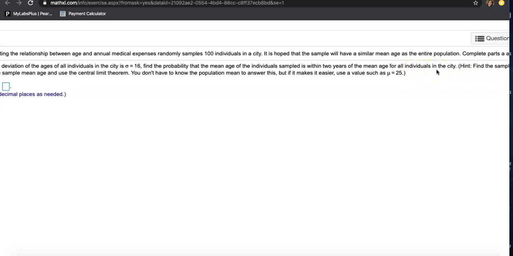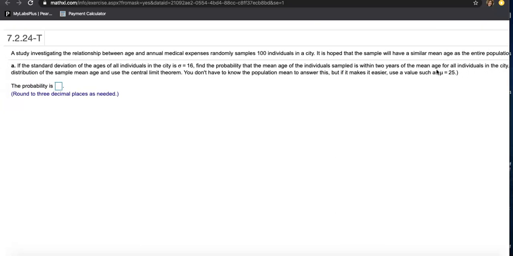We want our sample mean to be close to the population mean, so this is a very good question to wonder about. Hint: find the sampling distribution of the sample mean and use the central limit theorem. You don't have to know the population mean to answer this, but if it makes it easier, use values such as mu equals 25. Okay, we'll use mu equals 25.